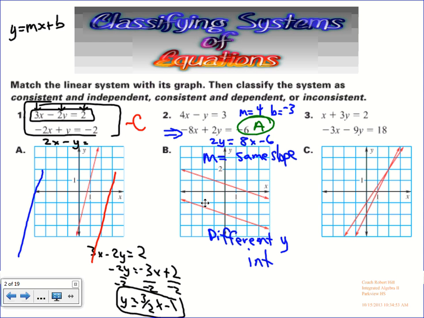You'll find out they both have the same slope, negative 1/3, but one of them has a y-intercept of 2/3, and the other one has a y-intercept of 2. So they have the same slope, different y-intercepts. Look at this red line in B. Are those slopes positive or negative? Look at the direction of it. Negative. See, that's what I said here: y equals negative 1/3. So number 3 would be B.